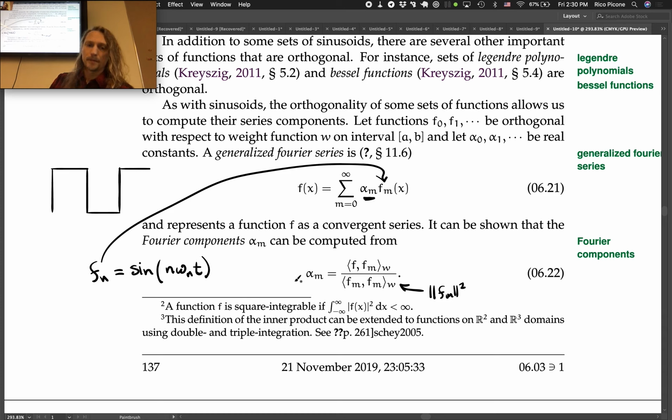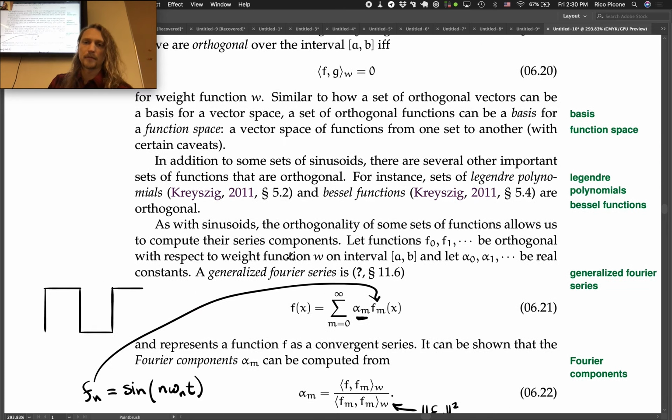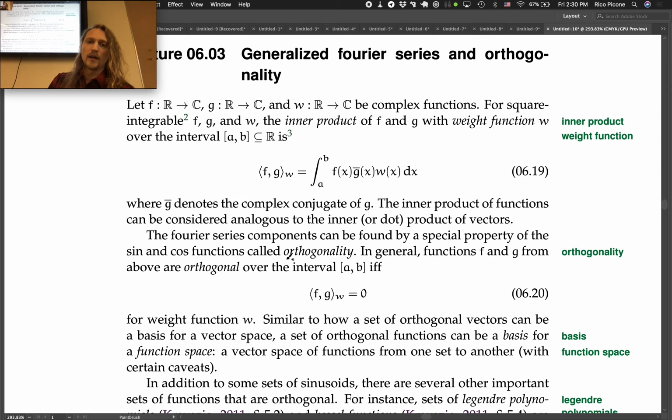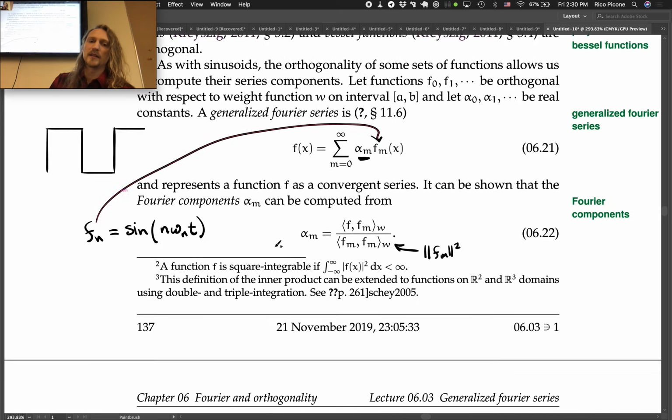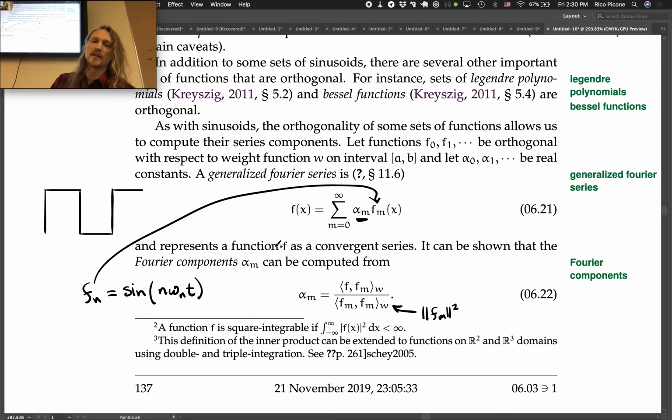And we relate back to 619. How do we do that? Because we have to know g of x. So f and g, in this case g is fm. The weighting function, in the case of sines and cosines, we take to just be 1. For the Legendre polynomials, for instance, the weighting function that gives you orthogonality is something else.